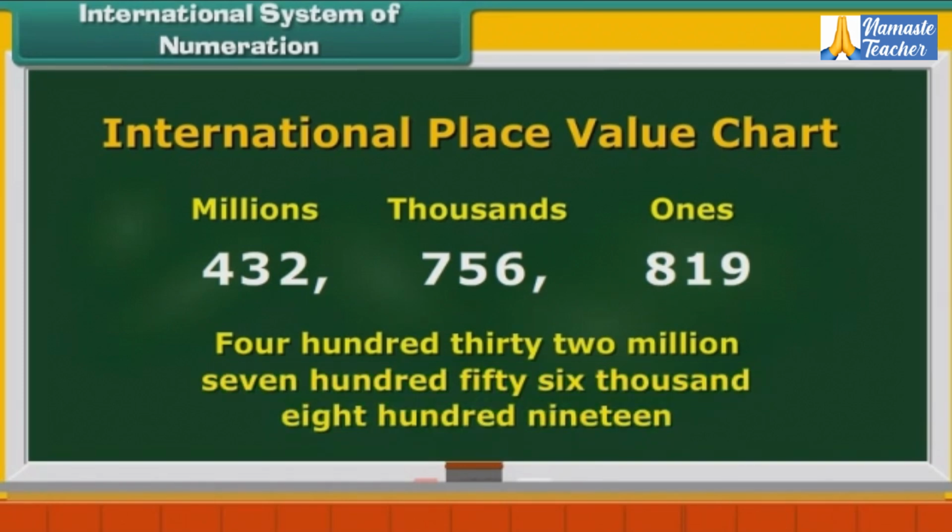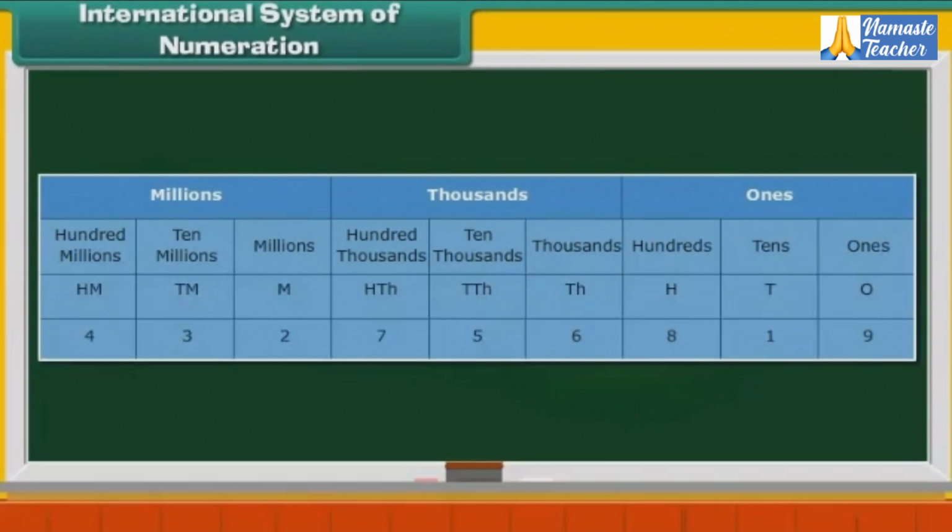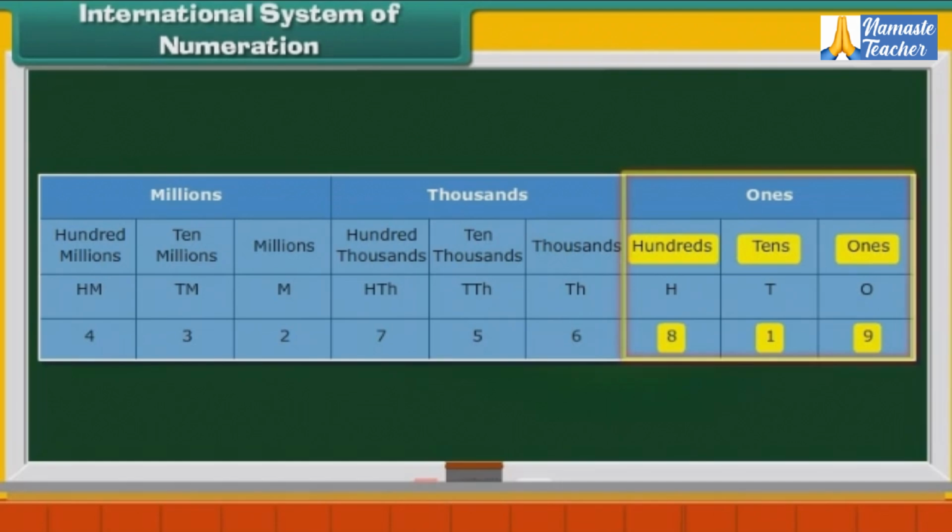It is 432,756,819. Let us look at the International Place Value Chart in detail. The ones group has 3 digits 9, 1 and 8. Each of these digits has a specific place. They are ones, tens and hundreds.